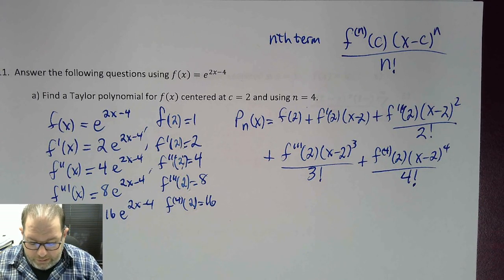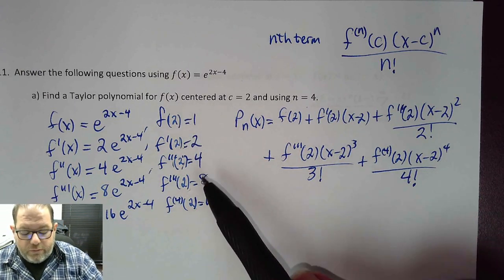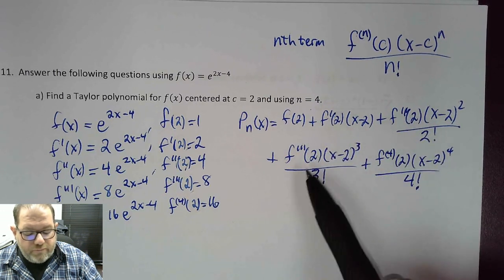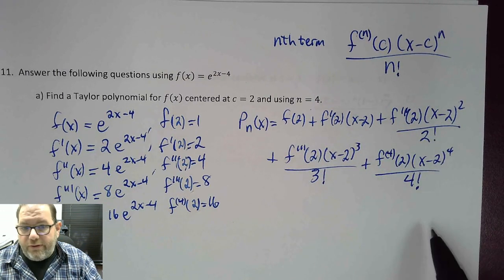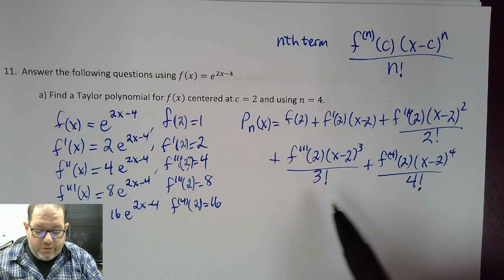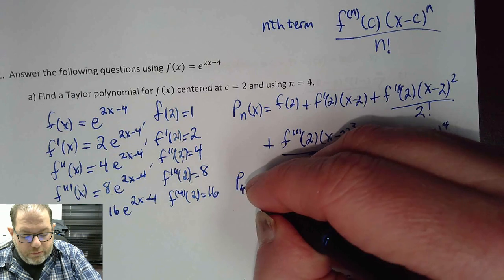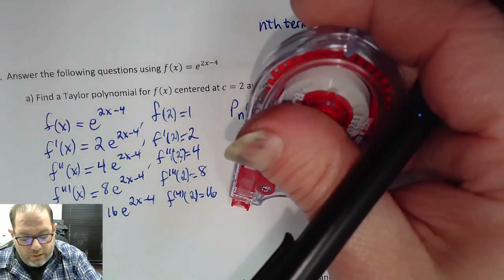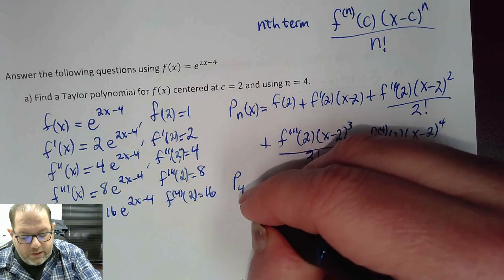Once again, I feel like we need a little more space here. Anyway, we plug in the values that we got. We got 1, 2, 4, 8, and 16 for these coefficient values, and then we can reduce that with our denominators in these terms, specifically. So P4 instead of n. And I should have said 4 up there, but that's okay.